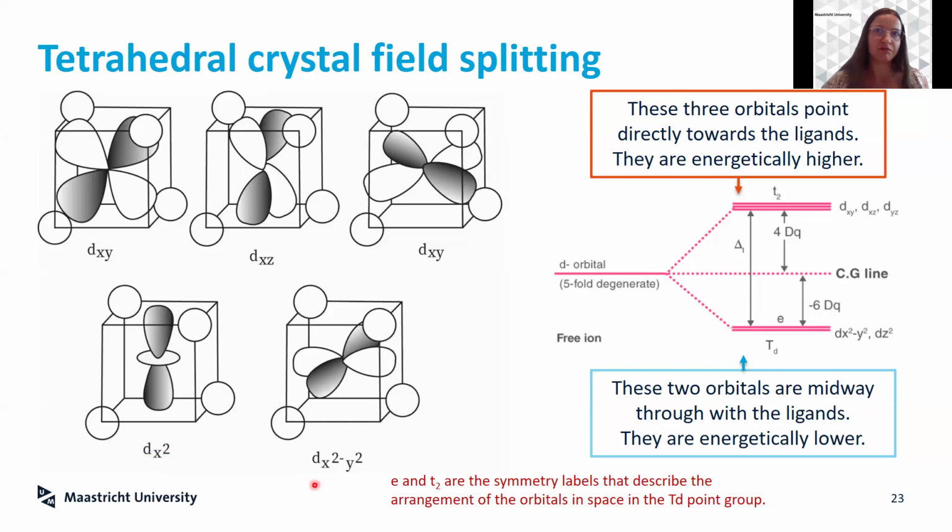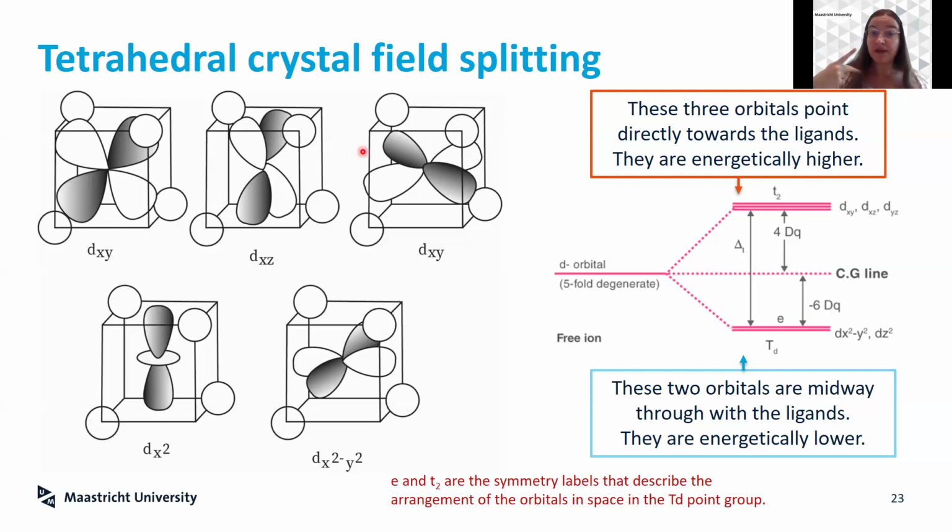So the x square minus y square and z square will be actually furthest away from the interaction of the ligand, unlike the octahedral field. Whereas every other orbital, by having this bisecting line of partial arrangement, will have a partial level of interaction.